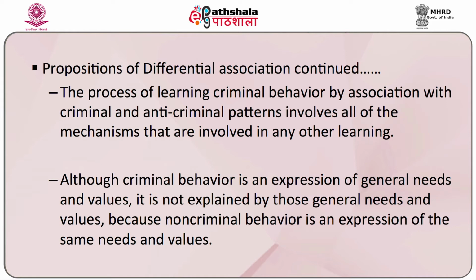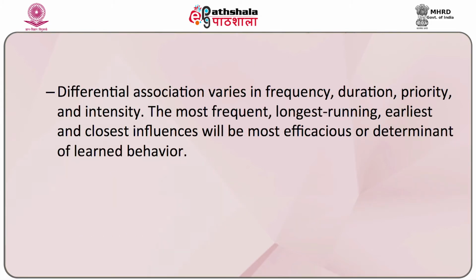Although criminal behavior is an expression of general needs and values, it is not explained by those general needs and values, because non-criminal behavior is an expression of the same needs and values. 9. Differential association varies in frequency, duration, priority and intensity. The most frequent, long-running, earliest and closest influence will be the most efficacious determinant of learned behavior.